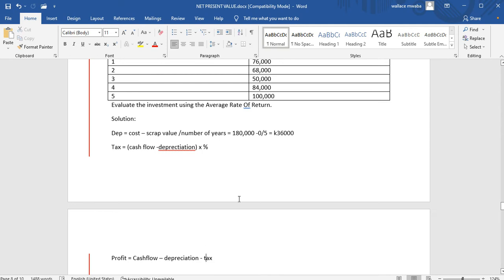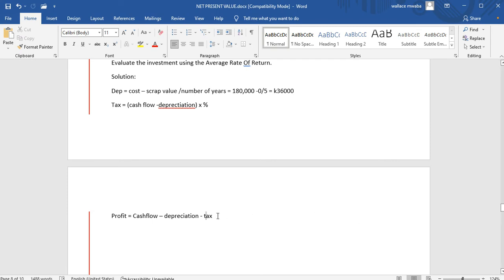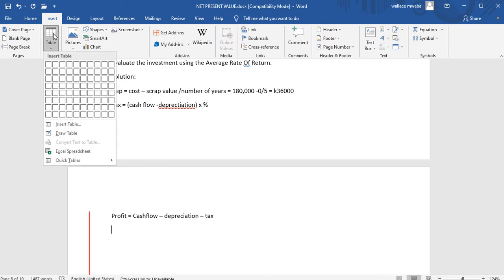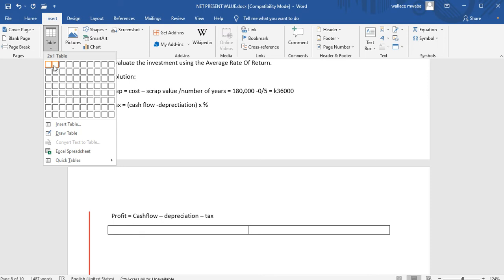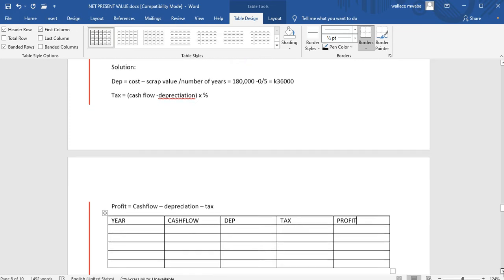So what we're going to do is make another table here. Say year, cash flow, depreciation, tax, and then we get our profit, because we're striving to find our average profits here.